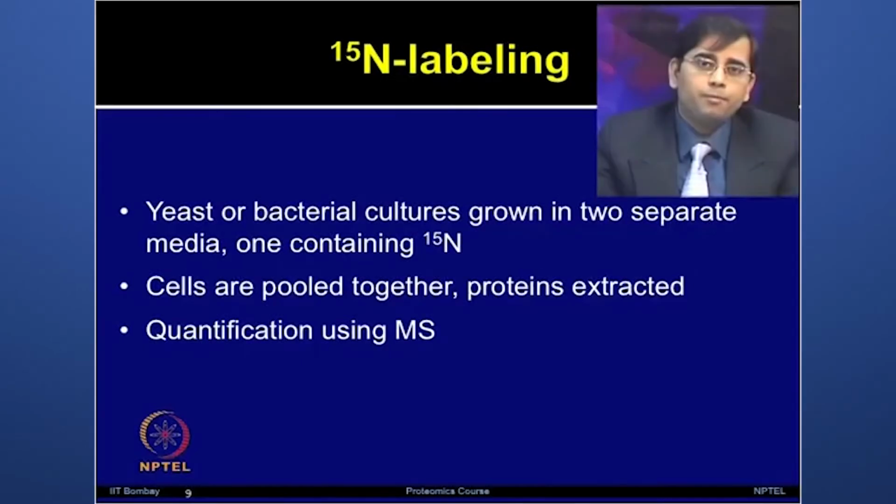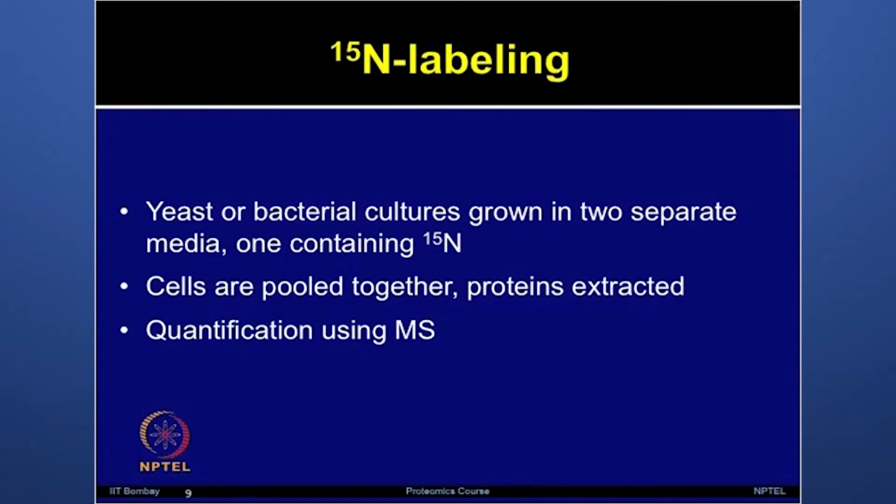Let us briefly discuss the 15N labeling method. So, yeast or bacterial cultures are grown in 2 separate media, one containing 15N, the cells are pooled together. Proteins can be extracted from these pooled cells and quantified by using mass spec.